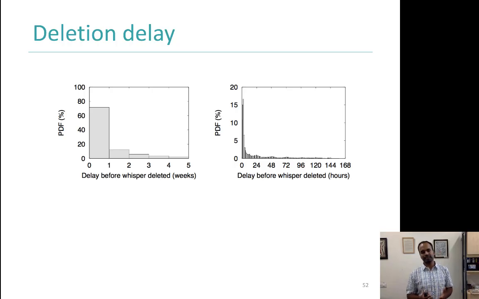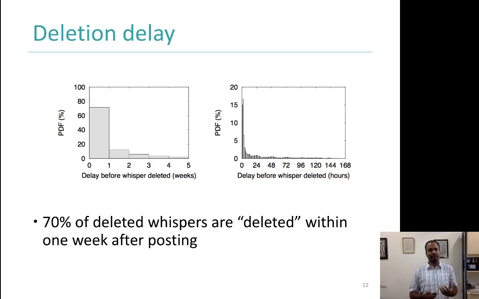This graph shows the way in which deletion is happening, how much time and relationship there is for deletion. 70% of the deleted whispers are deleted within 1 week after posting.